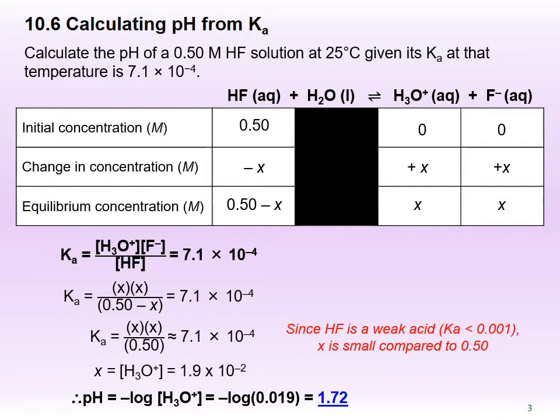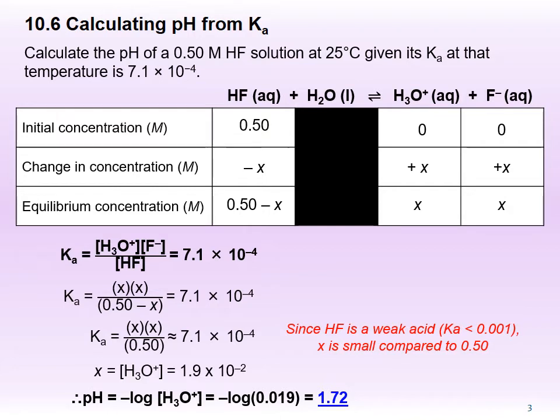To get the equilibrium concentrations E for each species, we add the entries of I and C. Thus, 0.50 plus negative X gives 0.50 minus X for HF. 0 plus X gives X for both hydronium and fluoride ions.